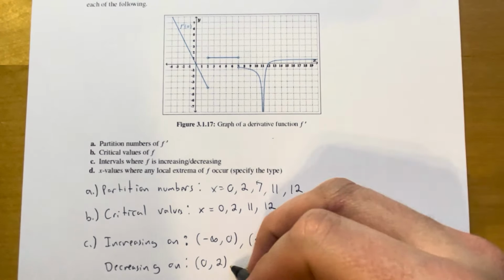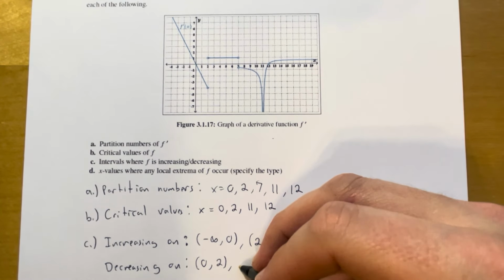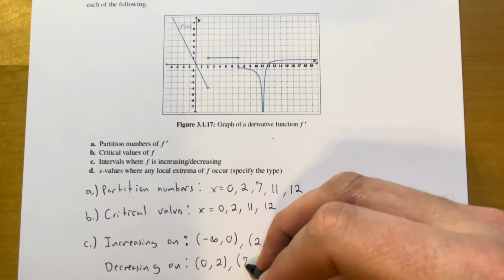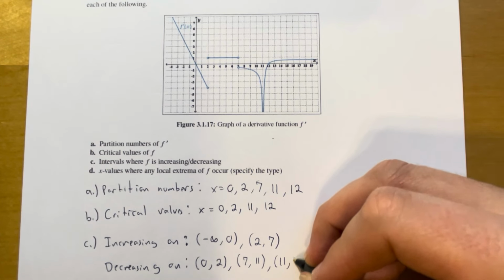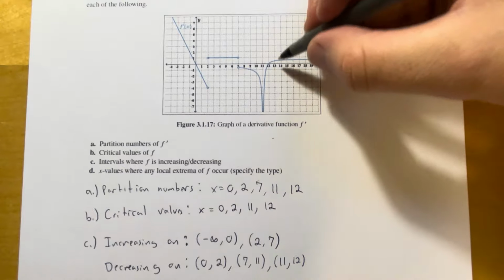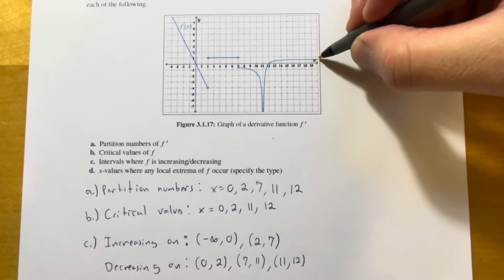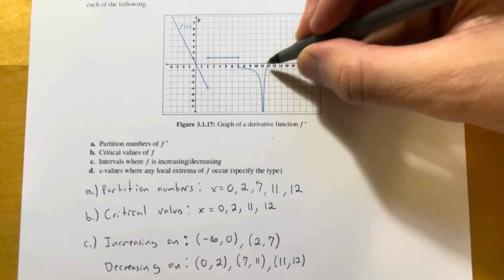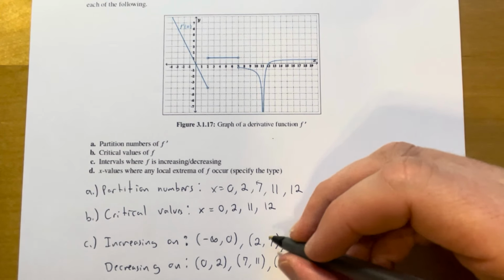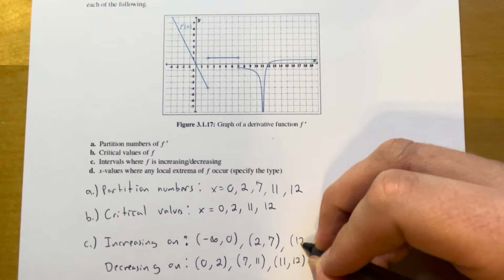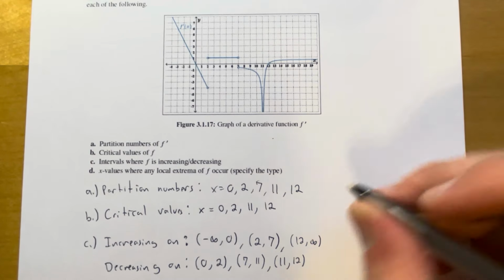So we know that it's decreasing on 7 to 11, and then from 11 to 12 as well. And then from 12 all the way up through infinity, my graph is above the x-axis, which indicates a positive derivative, which means f is increasing. So I would say from 12 to infinity right here.